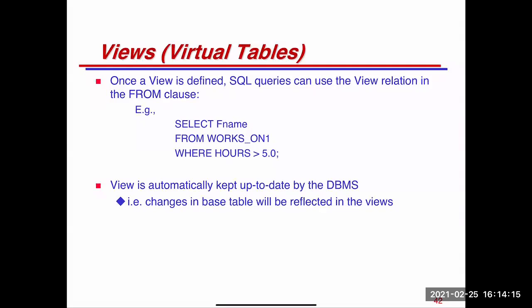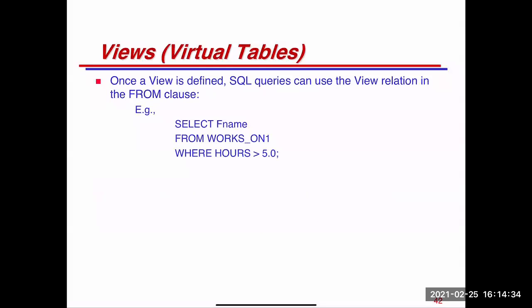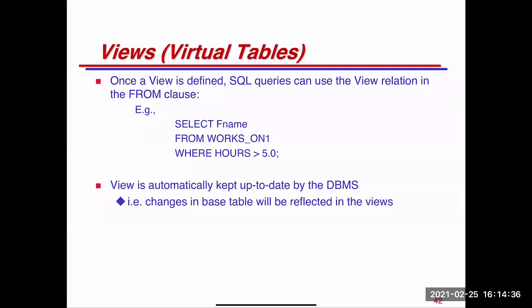So if someone inserts new data into your base tables, let's say, going back to the definition, I'm inserting new tuples into department, then this will automatically update the view that I created, which is called department info. I don't need to issue any other commands for that to happen.